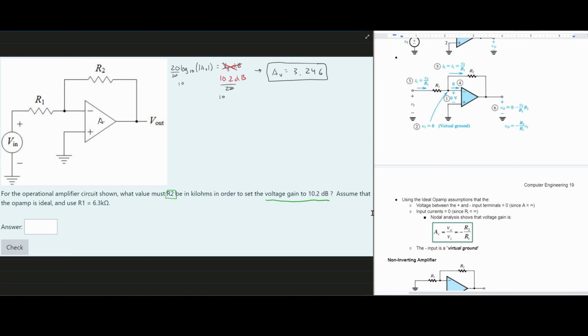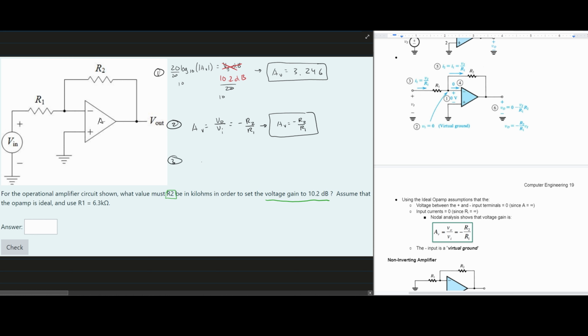Our nodal analysis gives that AV is equal to our voltage output over our voltage input, which is equivalent to negative R2 over R1. That's what we care about here. We know our R1 and we know our AV, so all we have to find is R2.